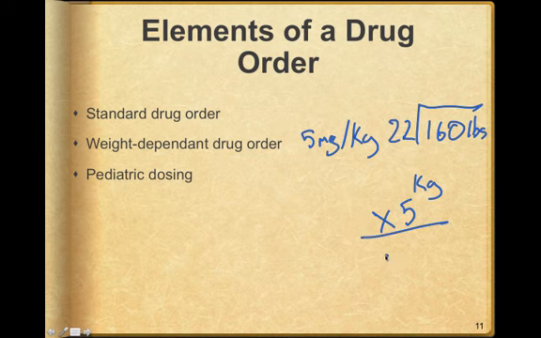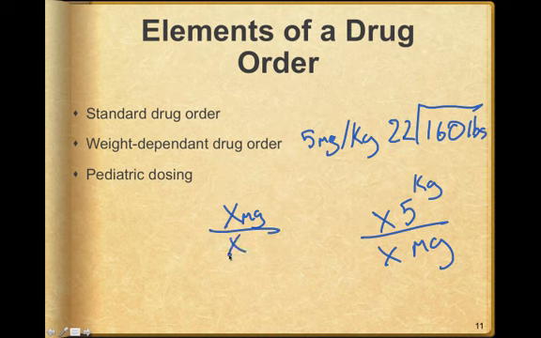That's how much drug they would get in milligrams. That amount, I don't know how many mL that is, over whatever my drug concentration strength per milliliter is on hand, and then cross multiply. And we'll do plenty of these. So that is our weight-dependent order. Pediatric dosing.